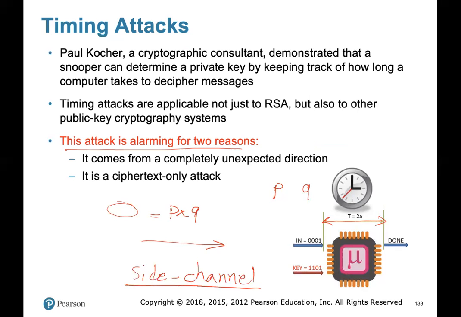Using the side channel, they reduce the key space to the biggest extent, and they can break the algorithm. So this is important because it comes from a totally unexpected direction, and it only looks at the ciphertext. It doesn't need to have any information about, for example, P, Q, the public key, or the private key.